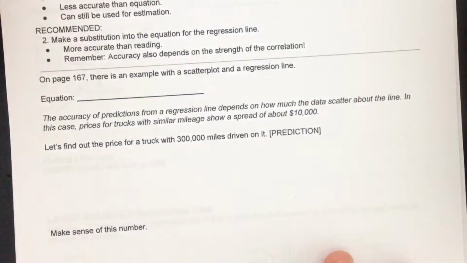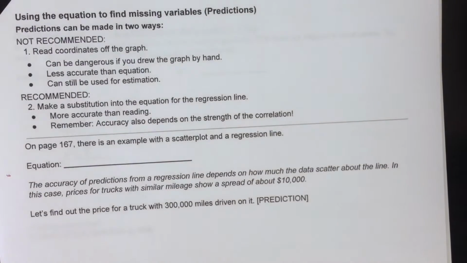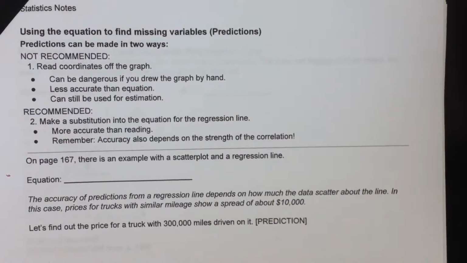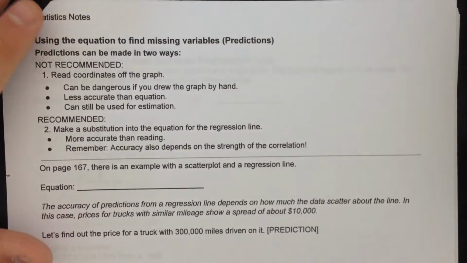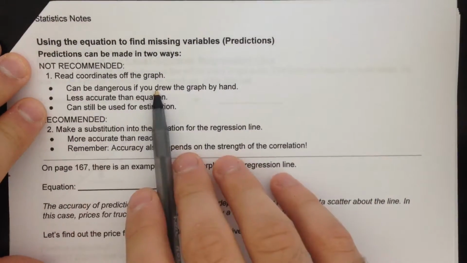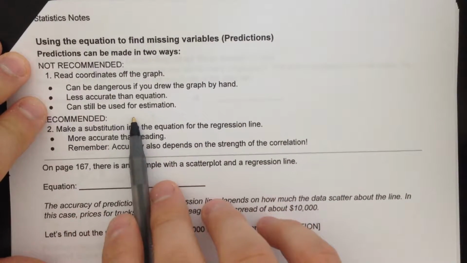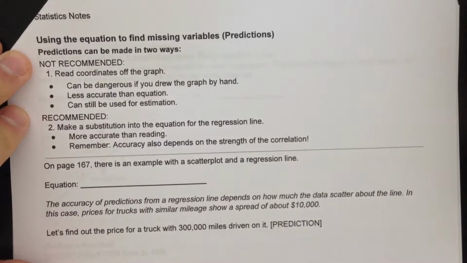So using the equation to find missing variables, there are some not recommended and some recommended things you should do. If you're going to try to be accurate, don't read things off of a graph. If you're going to look at a scatter plot, it's good for estimating things, but do not use that to actually give a final answer. It can be dangerous if you do the graph by hand, especially. It's less accurate than an equation, and can still be used for estimation, but if you want to give a really accurate answer, you're not going to use it.